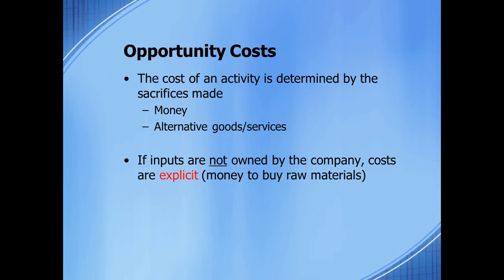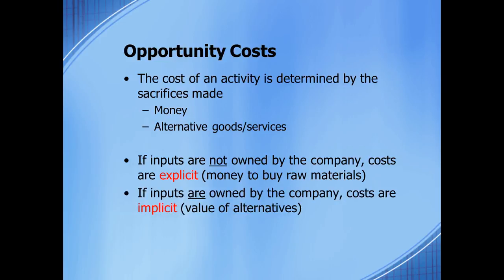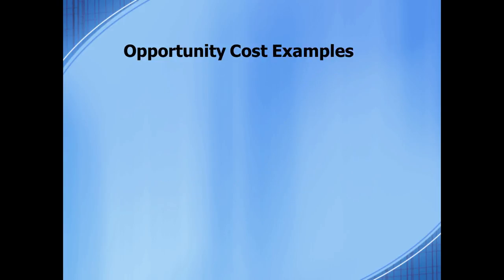So we need to spend money to buy materials from somewhere else who owns them, or hire people for their labour. These are explicit costs, and we have to spend real money. If the inputs are owned by the company, then the costs are implicit. So implicit means owned by the company, and the opportunity costs are the implicit costs, i.e. the other things that we could spend our money on.